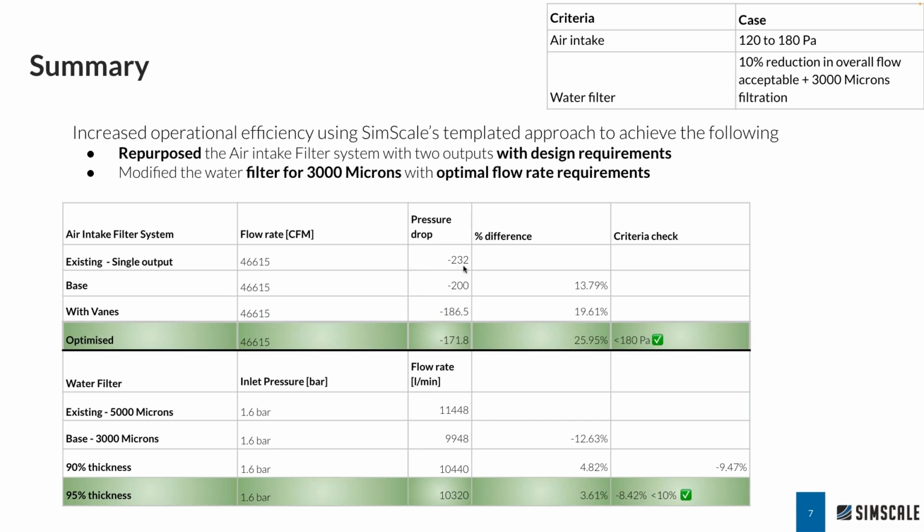So for the single output system, we had about 230 pascals of pressure drop. And for the base case, since we included the splitter, there is already some improvement in terms of pressure drop. We have about 200 pascals of pressure drop. And our criteria here is to range between 120 and 180 pascals.